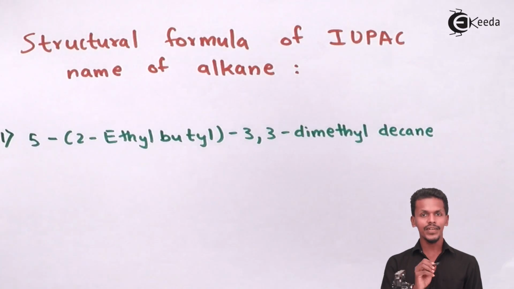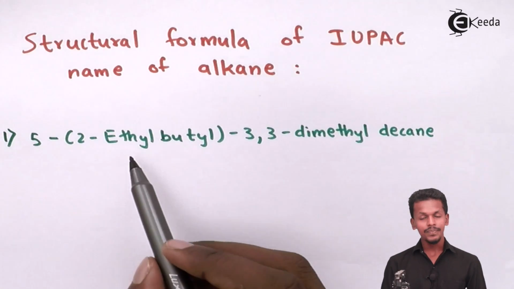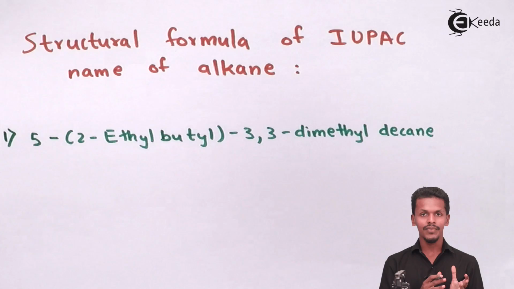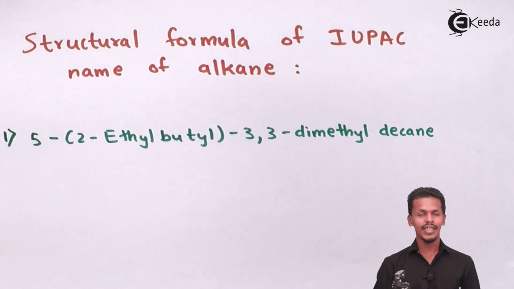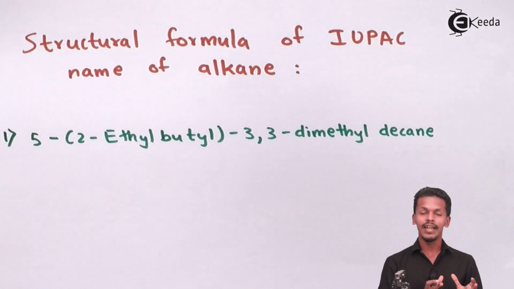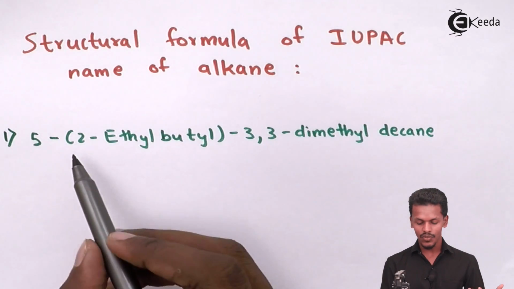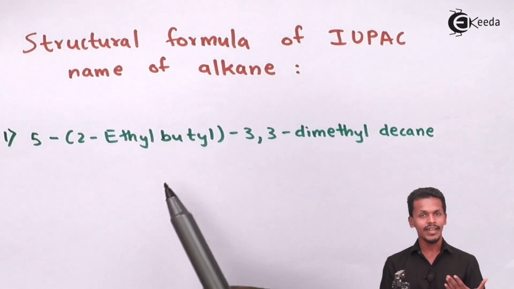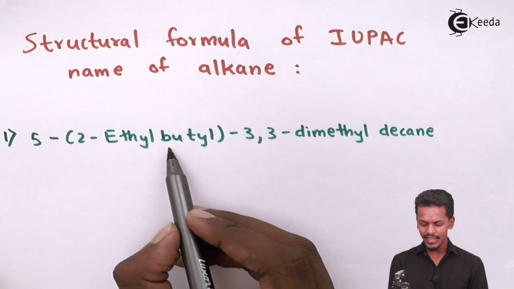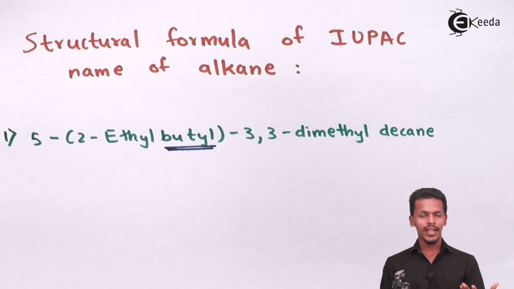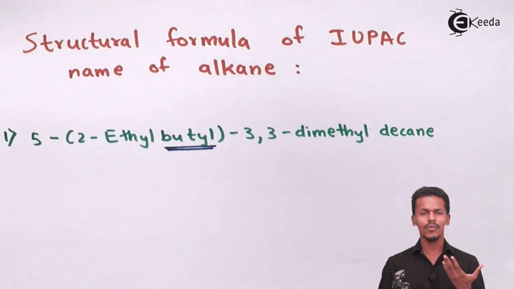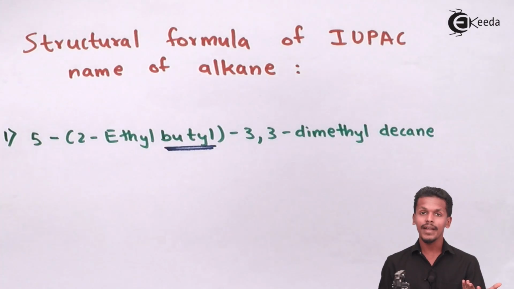First of all, we are going to draw the structure of the side chain, and then see how it is attached to the parent hydrocarbon. The side chain is 2-ethylbutyl, and its parent name ends with butyl, so it contains 4 carbon atoms in a straight chain.